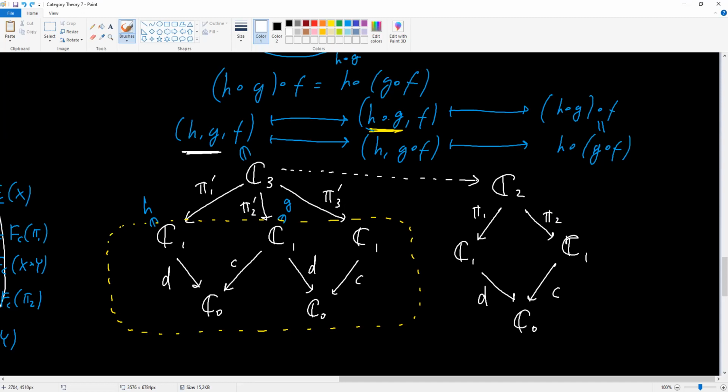Well, first I need to extract the two coordinates, the H and G. Think of them as being inside a pullback. Indeed they are. Look, this diagram here is exactly the diagram over which C2 is a pullback, right? And I already know that this thing commutes, because that's what it means to be a limit, that it has to be a cone over the diagram, so this must commute with that.